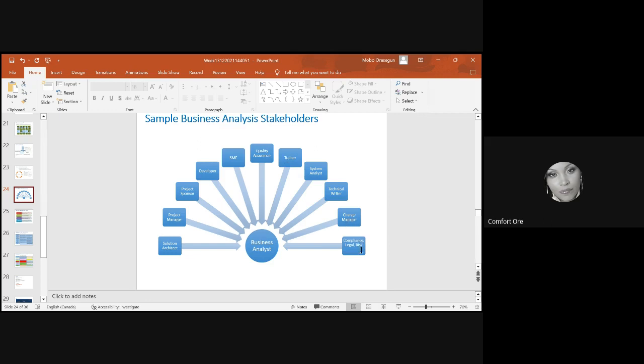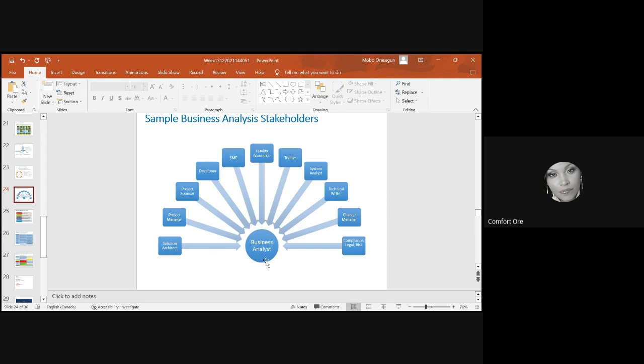I also double as a compliance and risk management person. We have change managers. We don't have system analysts. My SME will be the product owner. The project sponsor is not within my team. The project manager is not within my team. Solution architect is not within my team.